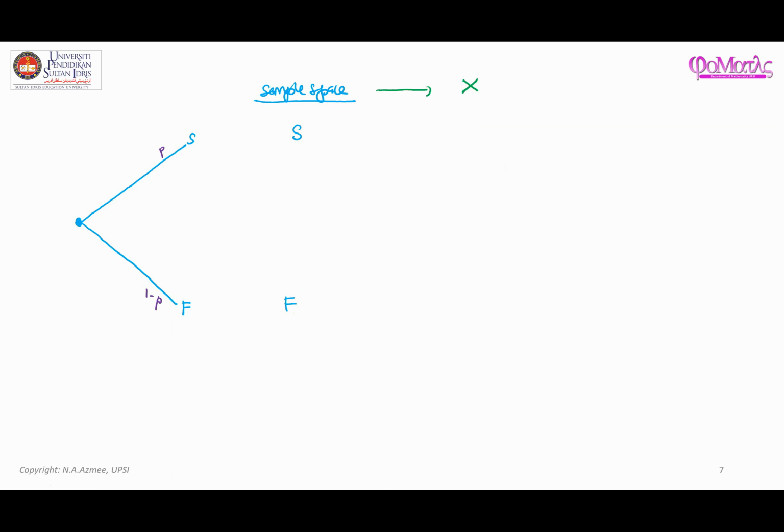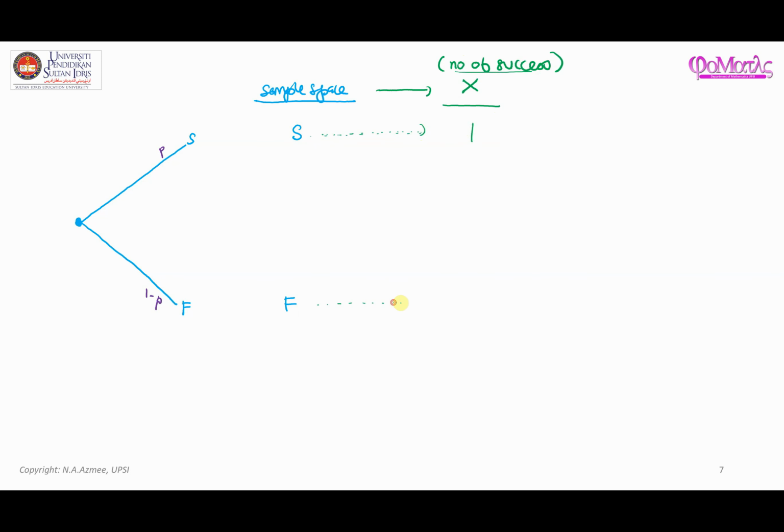So in this example, X here is a random variable that defines the number of success. Based on this, you can turn the result here into a certain value that represents the number of success. So success occurs here, so the number of success is 1.